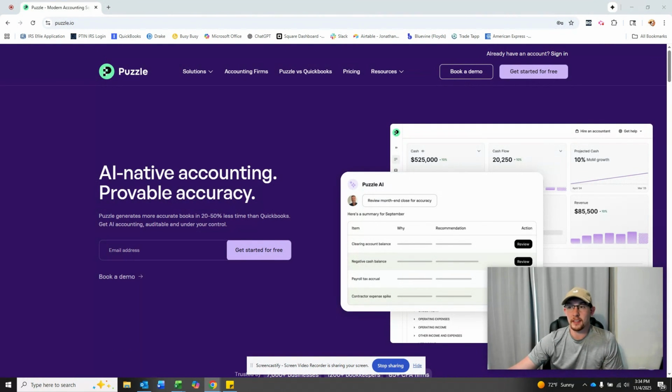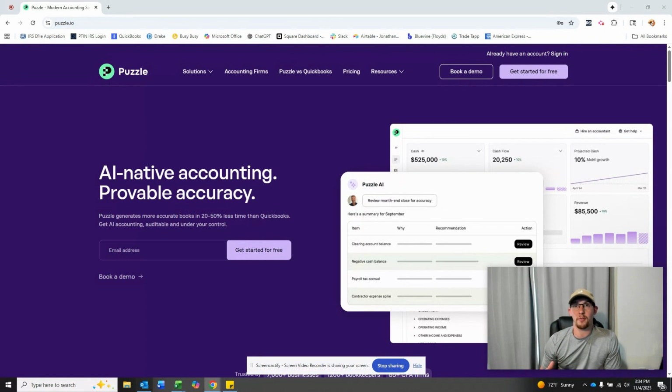One of the final things that I want to talk about with how Puzzle can solve a lot of these growing pains, pain points, things that maybe some small business owners didn't even know that they didn't know, is how to close the books. Puzzle does a really good job of making sure things get where they're supposed to be, because it has an integrated close checklist within the system.